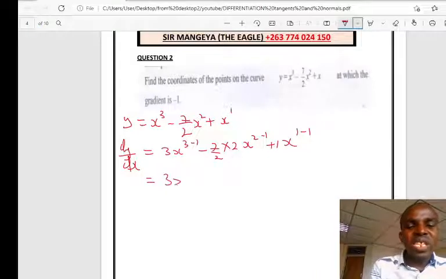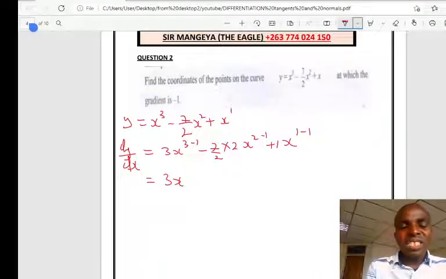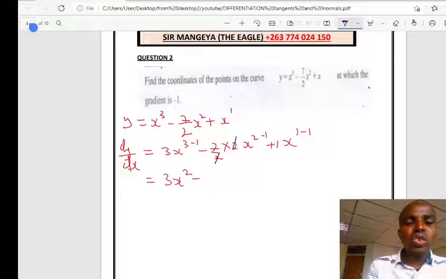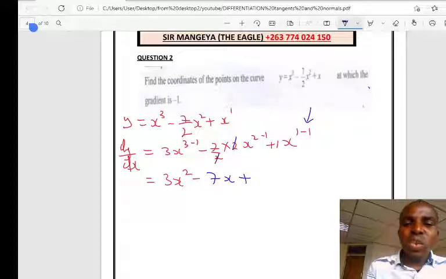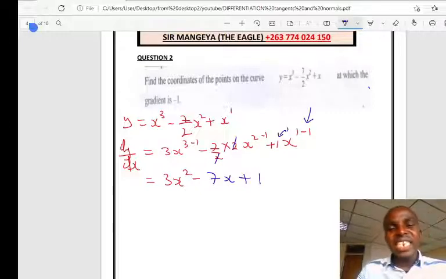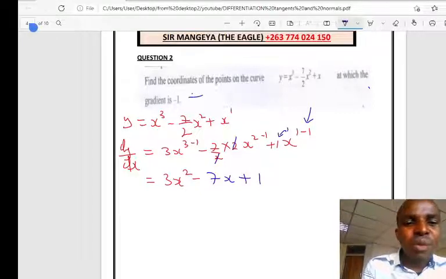Then 3x to the power 3 minus 1 is 3x squared, minus. Simplifying, it will be minus 7x, the power 2 minus 1 is 1, you don't write the 1 here. Then plus x to the power 1 minus 1 is x to the power 0, which is 1, then 1 times 1 is 1. We are given that the gradient is minus 1.